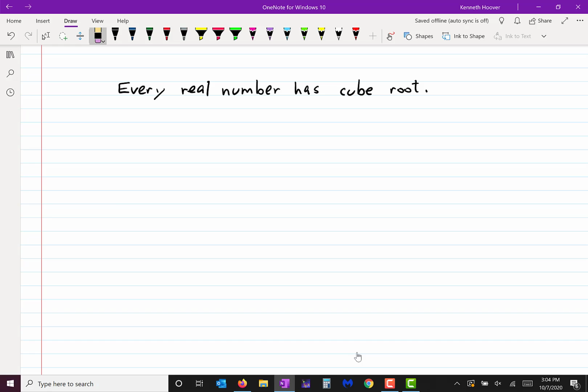Okay, how would I write that with symbols? I would write this. For all x in the real numbers, and again, talking about grammar, there should almost always be a comma after that phrase. There exists a y in the real numbers such that, now we could say y equals the cube root of x, but let's say it this way. y cubed equals x.